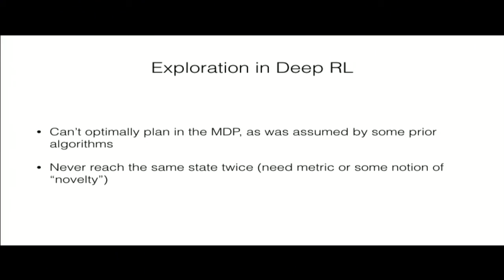And the other issue is that if you have an infinite state space or a very large finite state space, you never reach the same state twice. So you can't do anything that involves counting. You have to somehow generalize between states or define some notion of novelty, or like the density of the states you've reached so far.